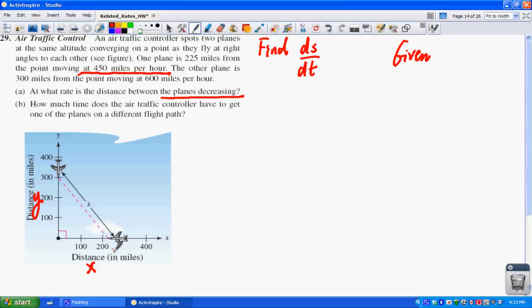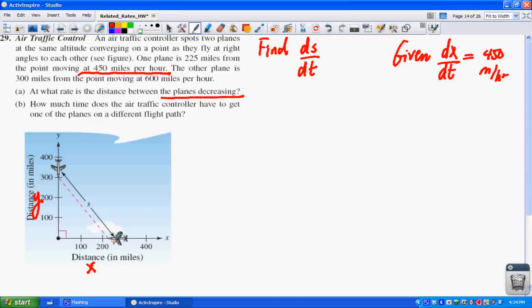So this represents this plane right here at the bottom, and therefore the speed of this plane is represented by dx/dt, and that would be 450 miles per hour.